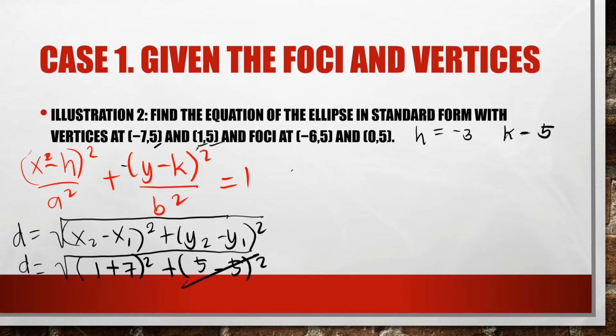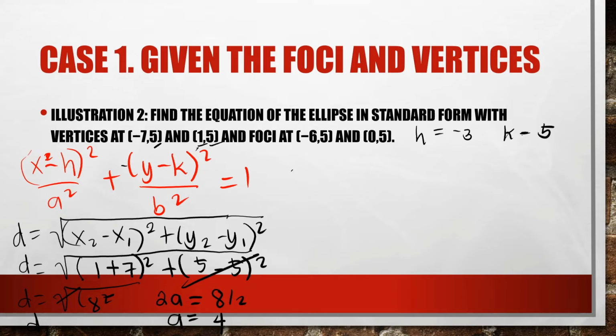Maka-cancel out na to. So, d is equal to square root of 8 squared. So, d or yung 2a is equal to 8. And then, yung a natin, divided by 2, magiging 4.